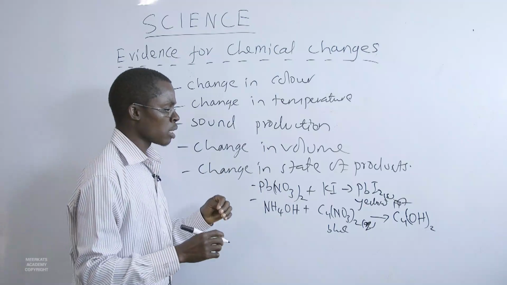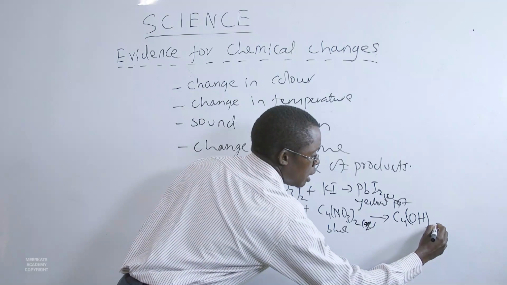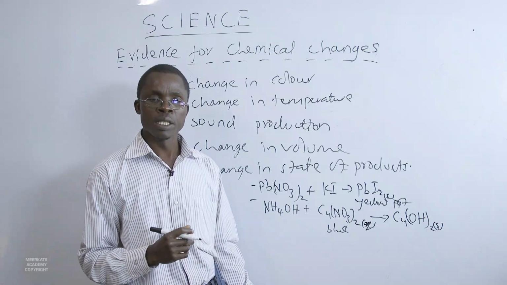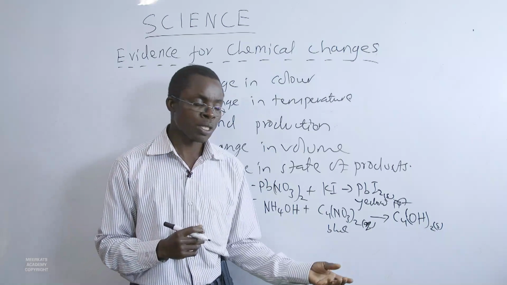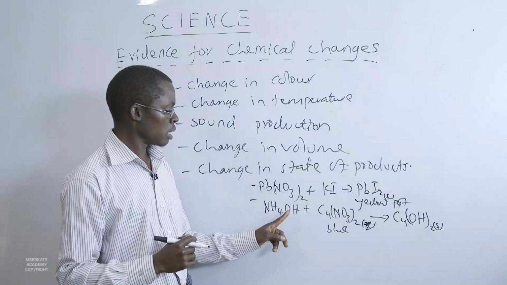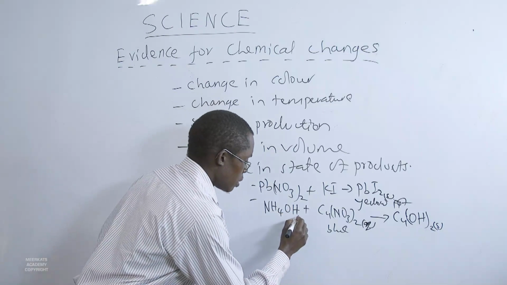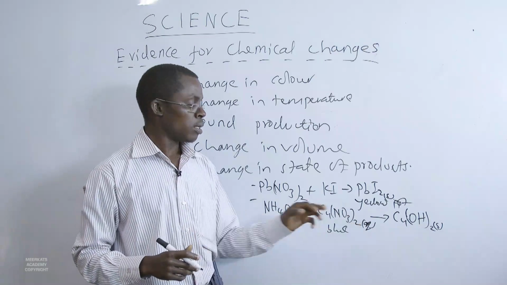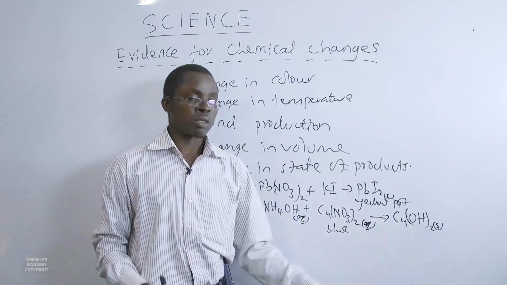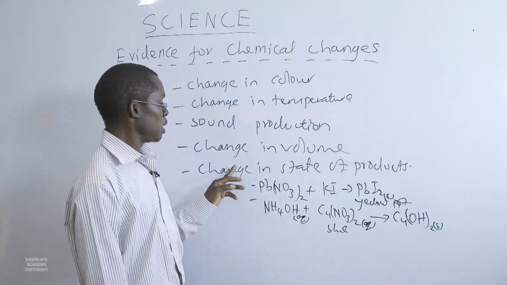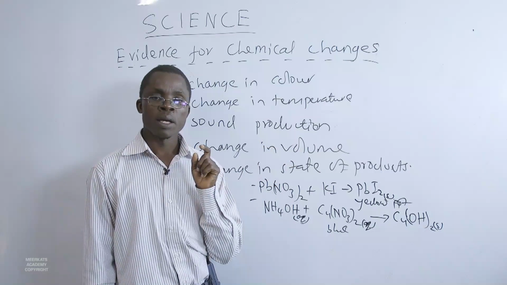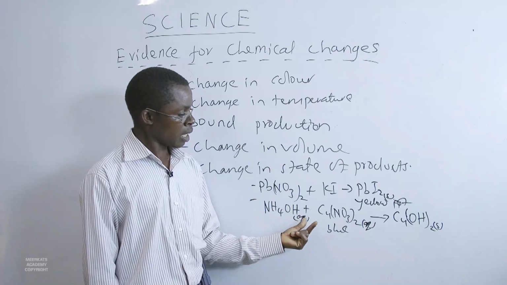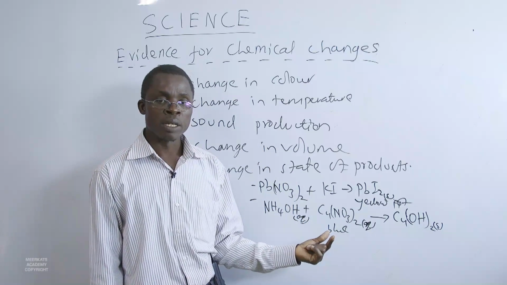The copper 2 hydroxide that has been formed is S, meaning that it is insoluble. So what are we seeing? We are seeing a change in state: aqueous, that is a solution, liquid state, to solid state. So change in state is a good example to show that a chemical reaction has taken place.